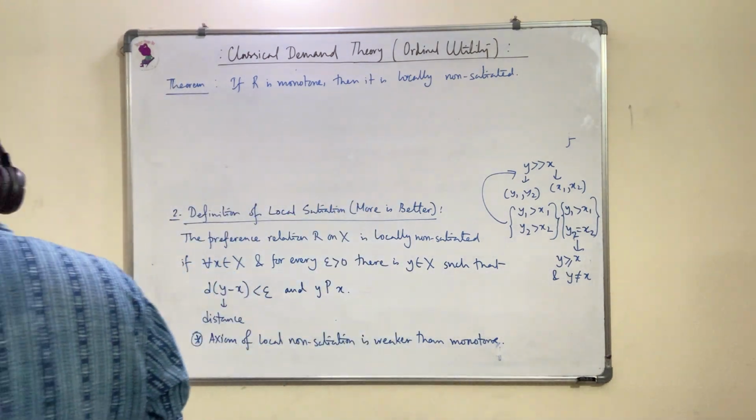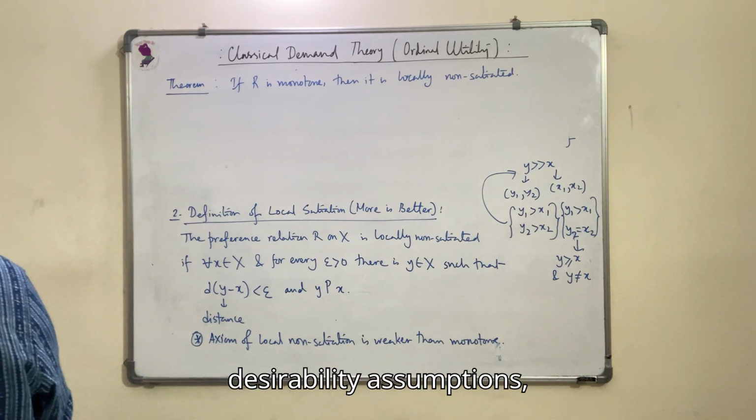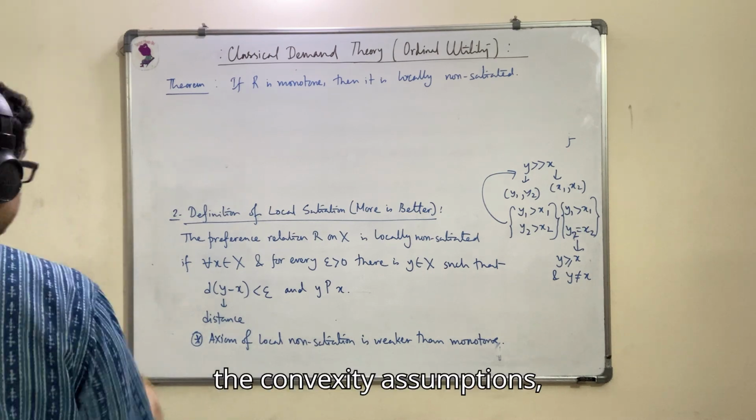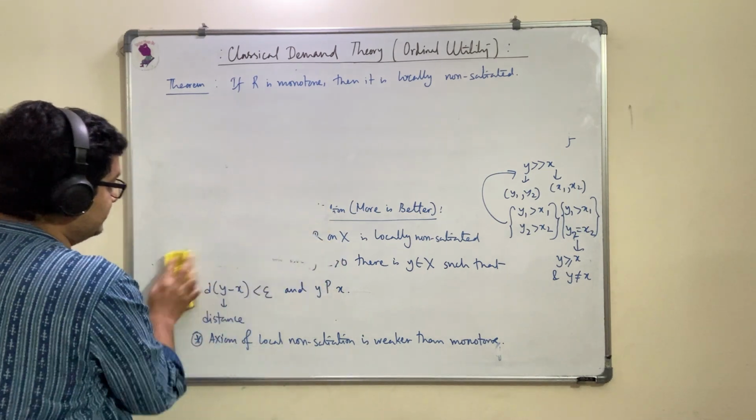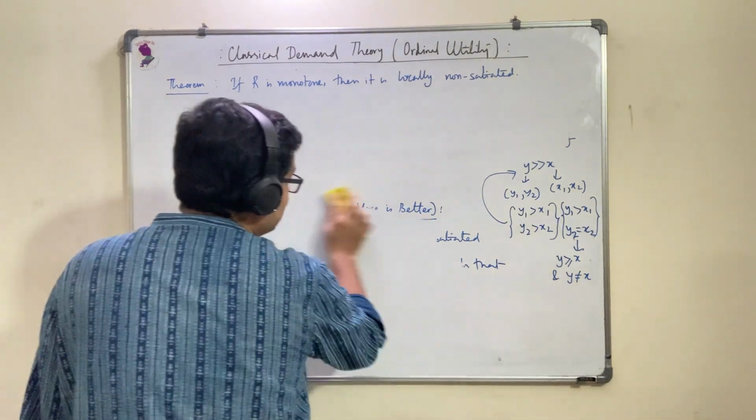Okay? Alright. So after the desirability assumptions, the convexity assumptions, those which are going to make our IC convex.